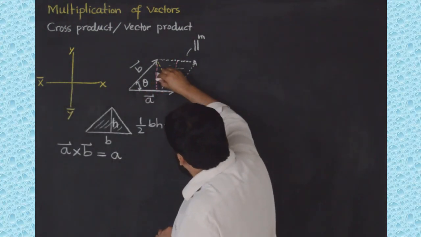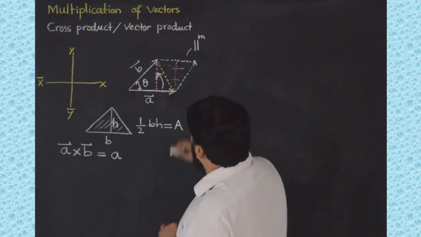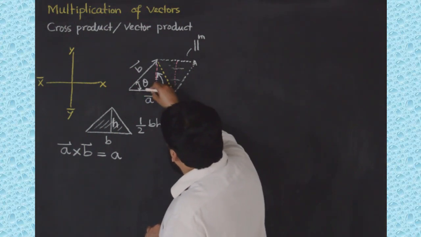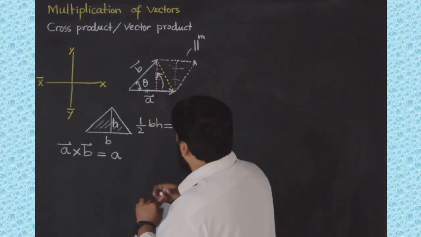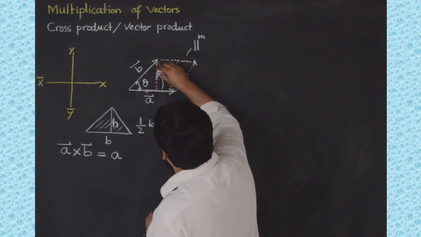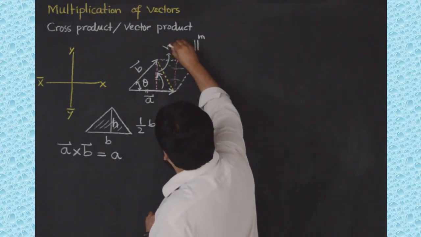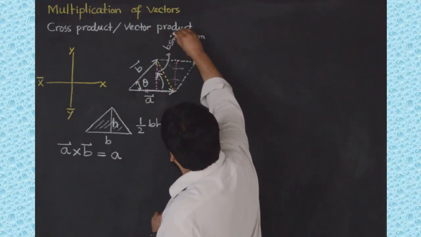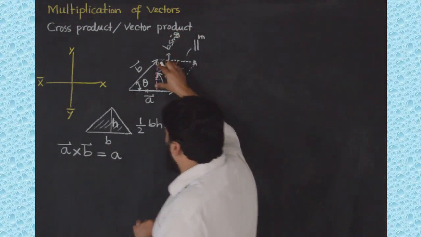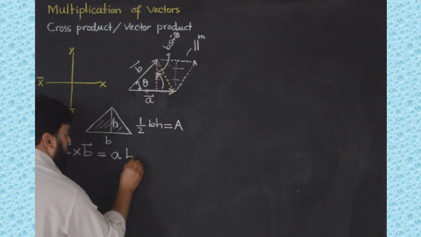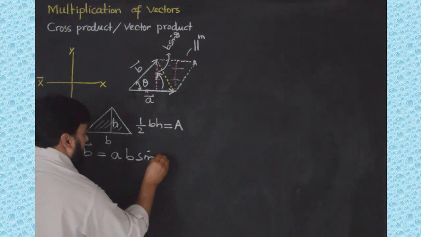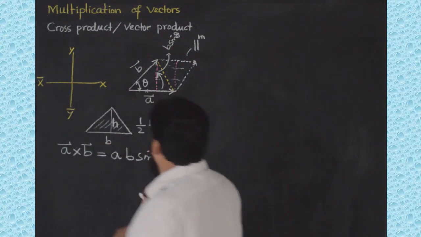So the height, if I find it, how much is it? You know that this one will be B cos theta, and this one will be B sine theta. This height comes out to be B sine theta.